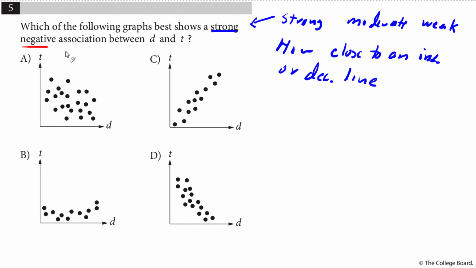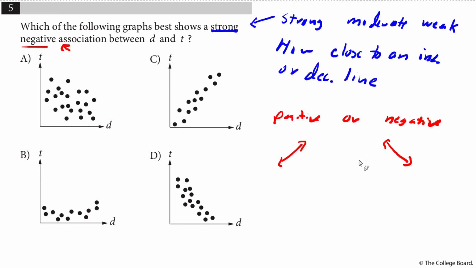This word negative, we have two choices here. We could either talk about positive correlation or negative correlation, and these are directly tied to slopes. Positively correlated graphs will tend to go like this with a positive slope. Negatively correlated graphs will go like this with a negative slope.